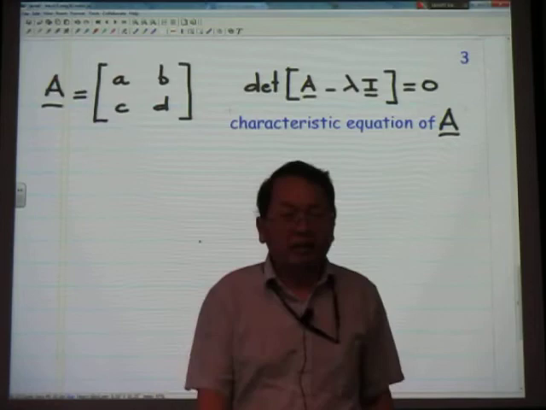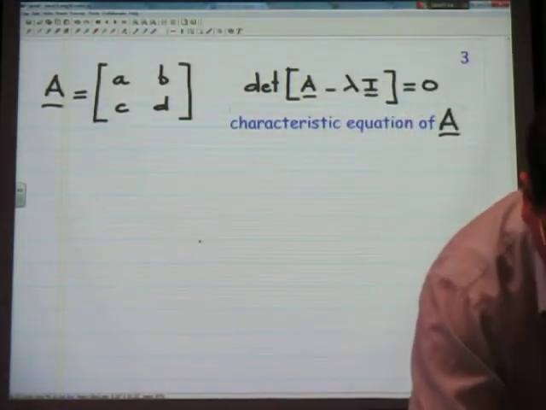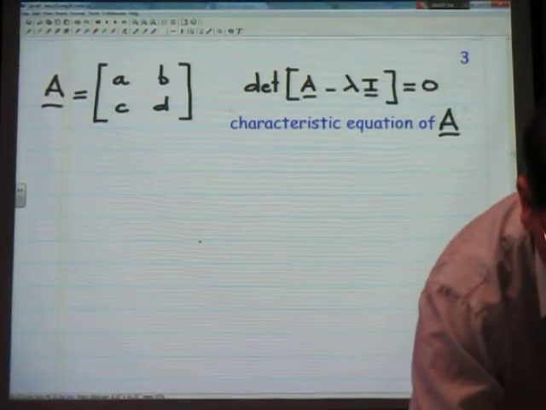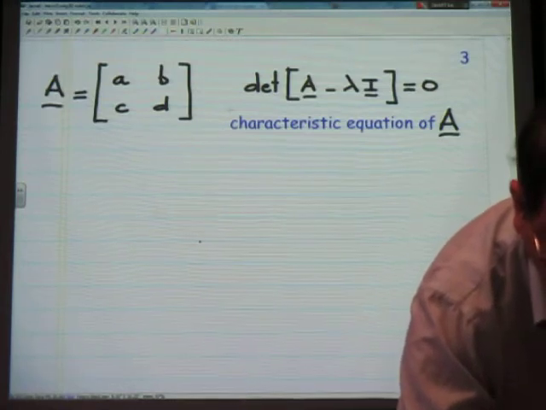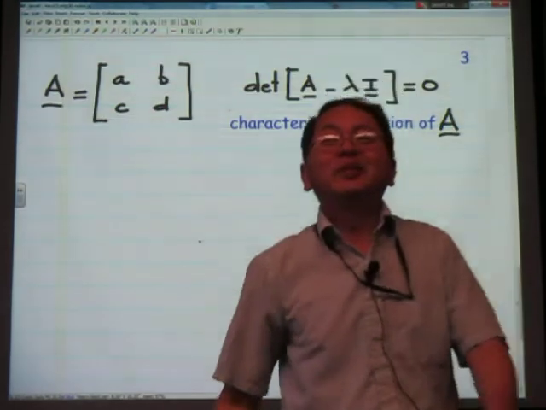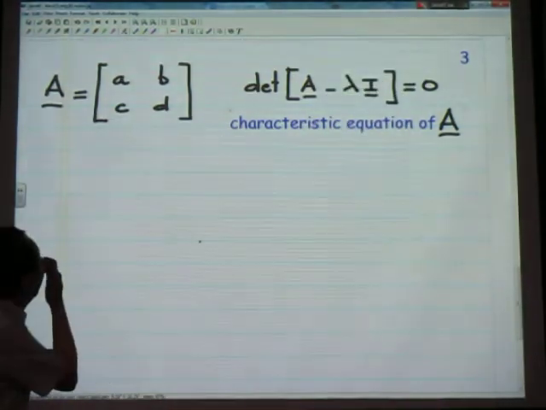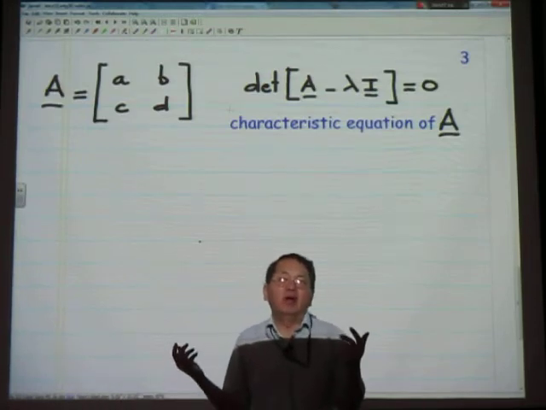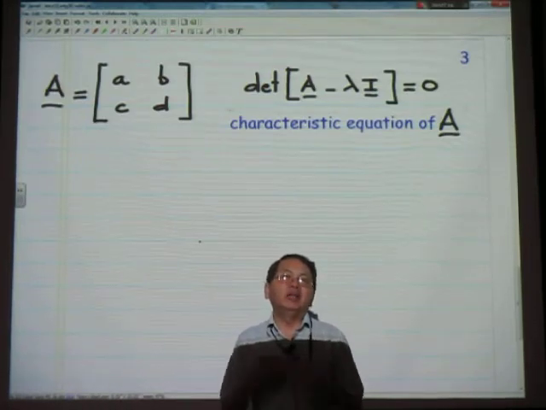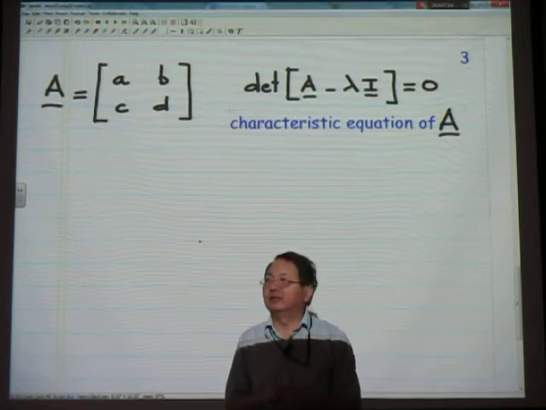Let me note down the Van, and the Van is team 6, right? And Frank is team 7. I get to know many of you by now. Can you tell me the order of the characteristic equation?